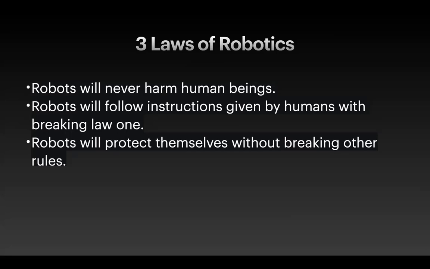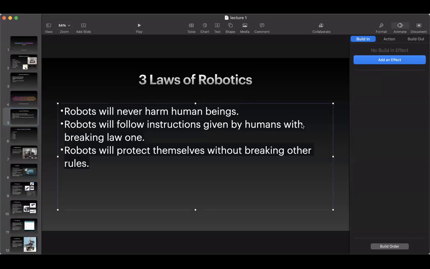And then let's check the second law. As a second law, robots will follow instructions given by humans without breaking law 1. Here I will edit this.